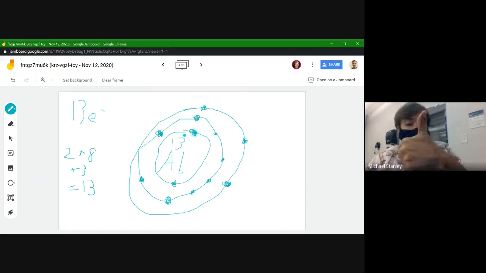You figure out how many electrons you're working with, fill in the first shell. If that gets full with 2 before you run out of electrons, start filling in the second shell. If that gets full with 8 before you run out of electrons, you move out and start filling in the third shell out here.